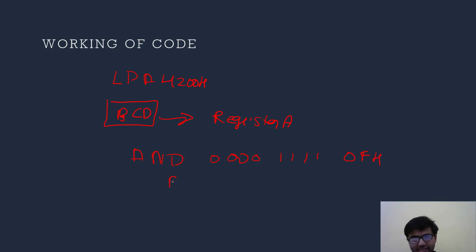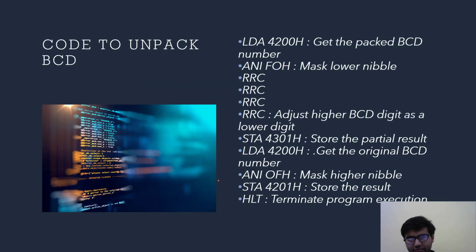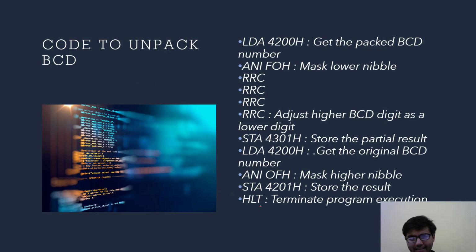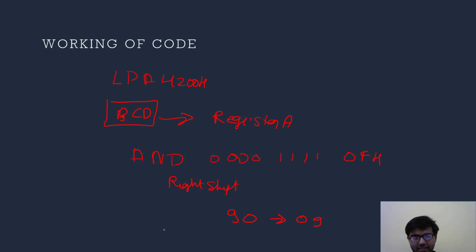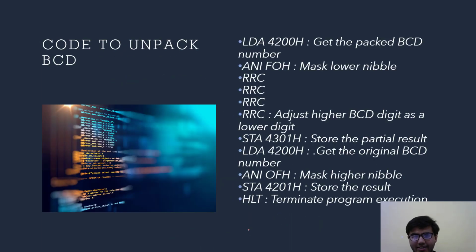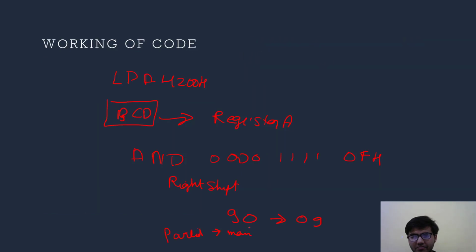If I do a right shift 4 times, then my 90 would become 09. Then I would store my partial result in one memory location, and again I would repeat the process.